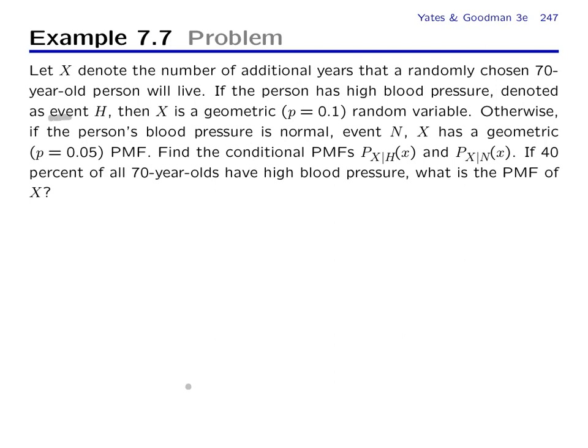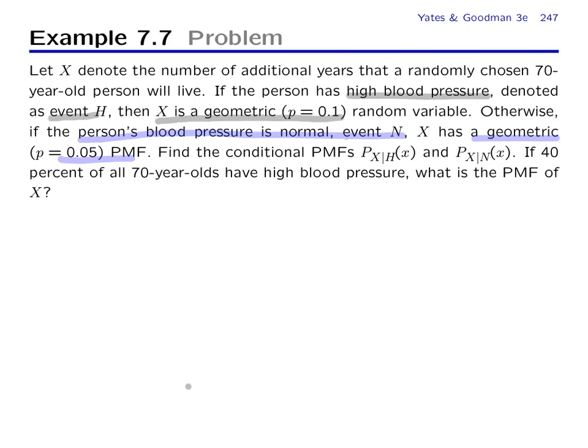The first case is event H, that the person has high blood pressure, and in this case we model the life expectancy as geometric with parameter p equals 0.1. The second case is that the blood pressure of the person is normal, event N, and in this case, X has a geometric PMF with parameter p equal to 0.05.